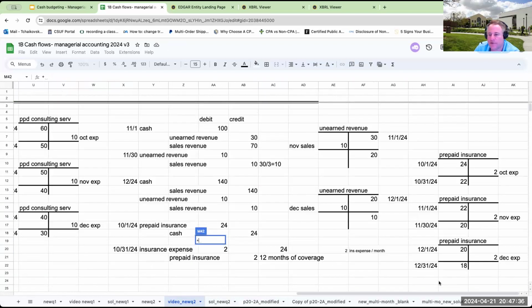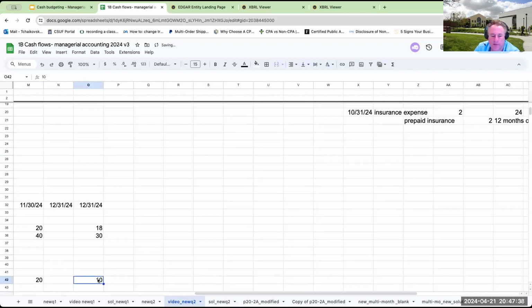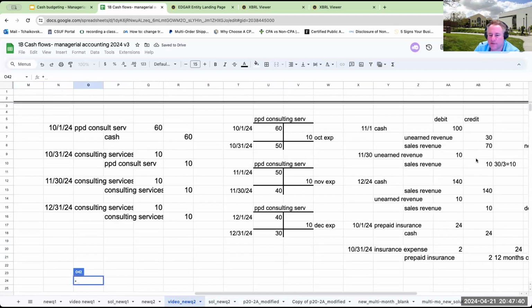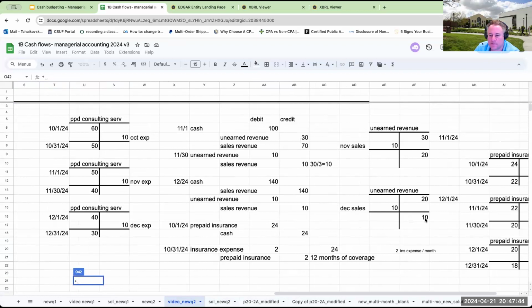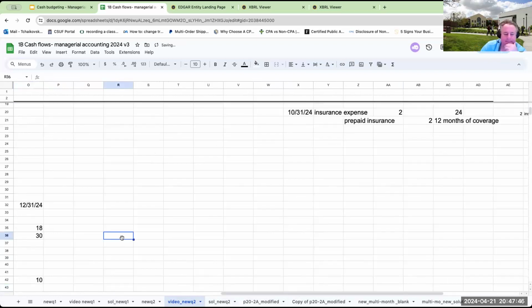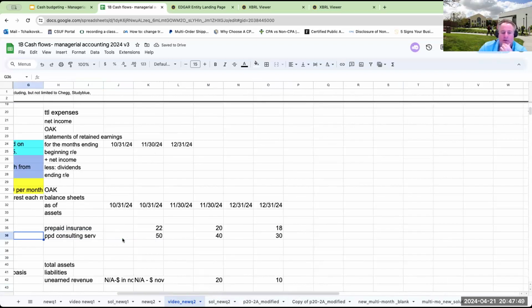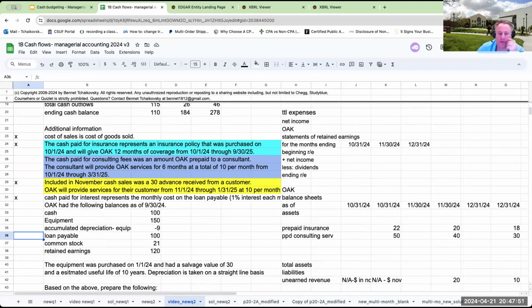So this will be unearned revenue, 20, unearned revenue of 10. There we go. Okay. So gone through over here. And again, you can do these problems any way you want. I'm definitely taking the longer route. It's okay. Let's go ahead and look at what else we have here.